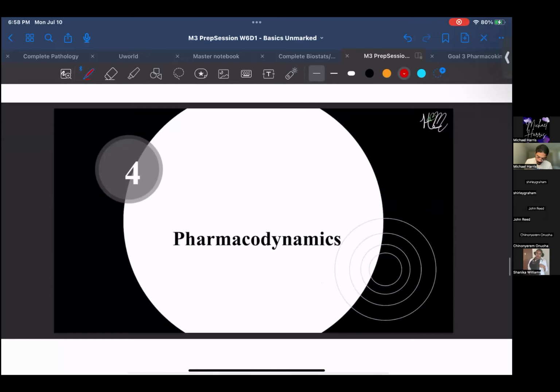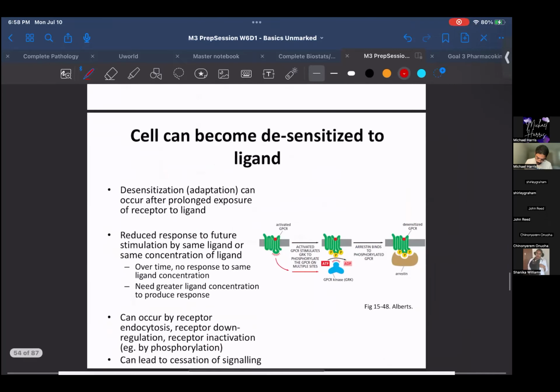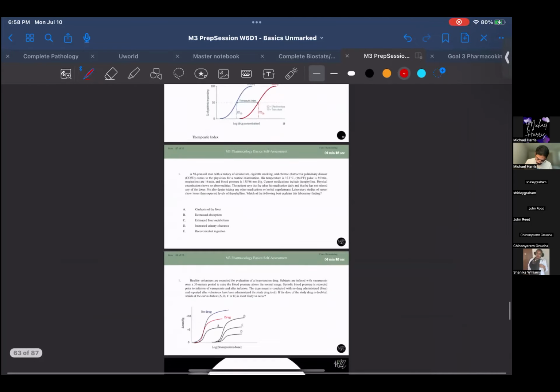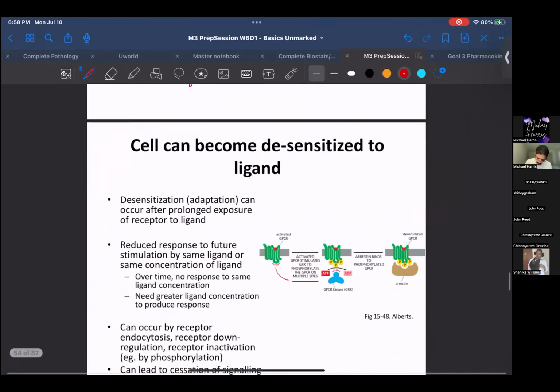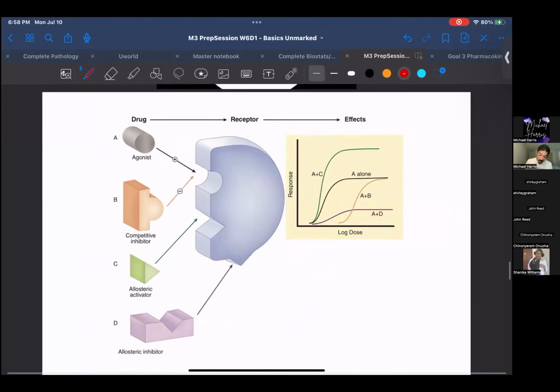I could probably knock out pharmacodynamics, because pharmacodynamics isn't as rough as you may think it is. Yeah, I could probably knock out pharmacodynamics quite fast. Okay, so pharmacodynamics. Do you guys need a break, or are we good to keep going? This is only going to take me like maybe 10 minutes.